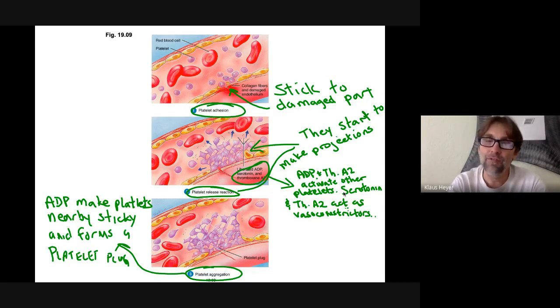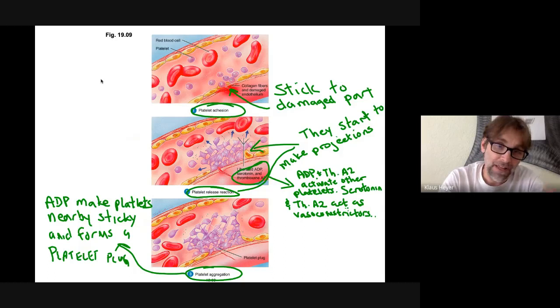But here it's a vasoconstrictor, and it does more things. So just remember these chemicals in our body have more than one job. So it's not abnormal to see something like serotonin here, but you already know it as something that helps with your mood, right? It does both. Serotonin is a neurotransmitter.